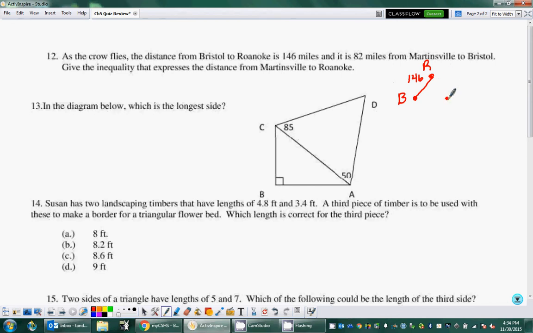All right, next, we've got 7 and 5. Subtract those, I get 2. 5 plus 7 is 12. So the length that is between 2 and 12 is going to be 5.